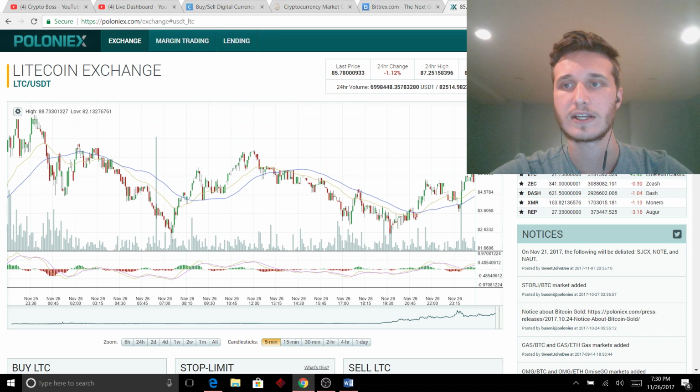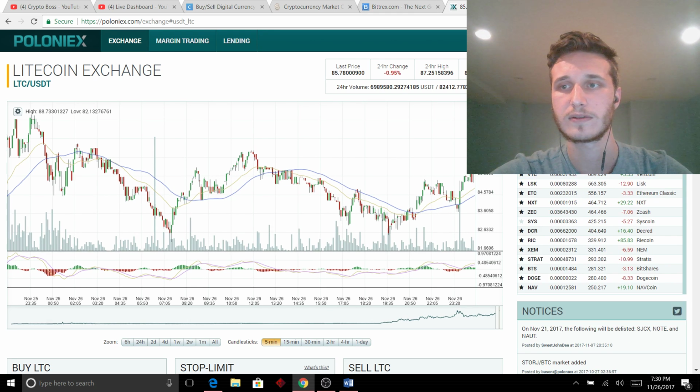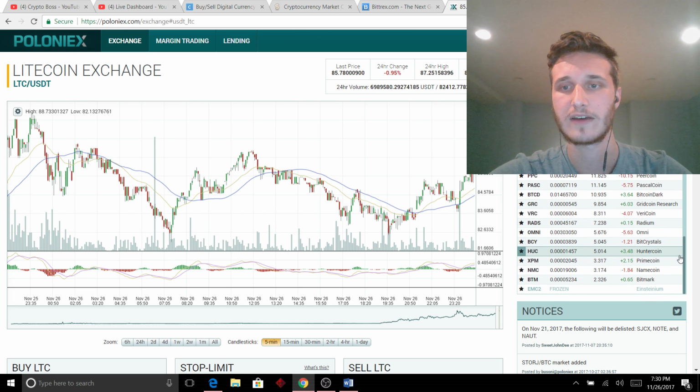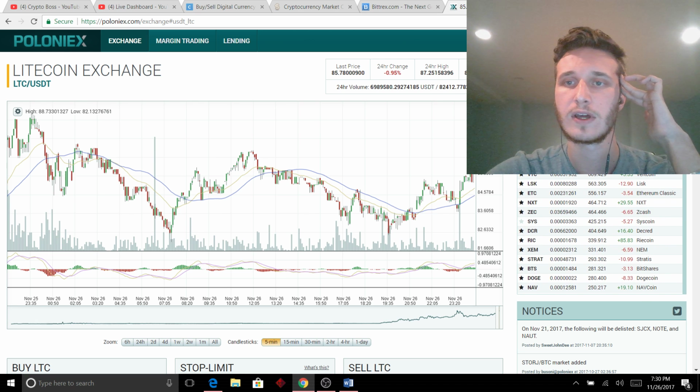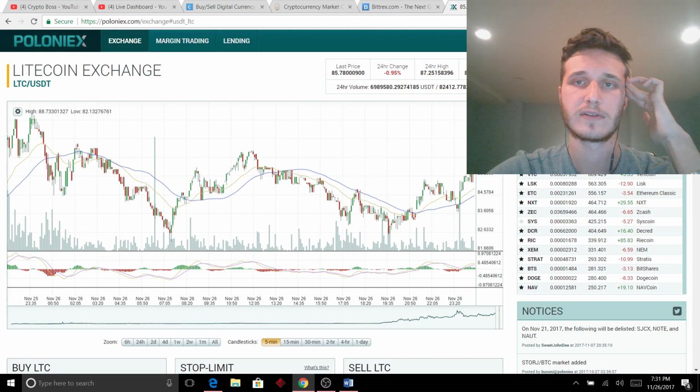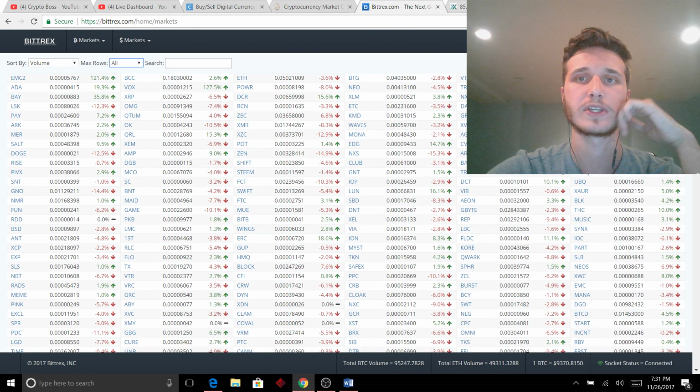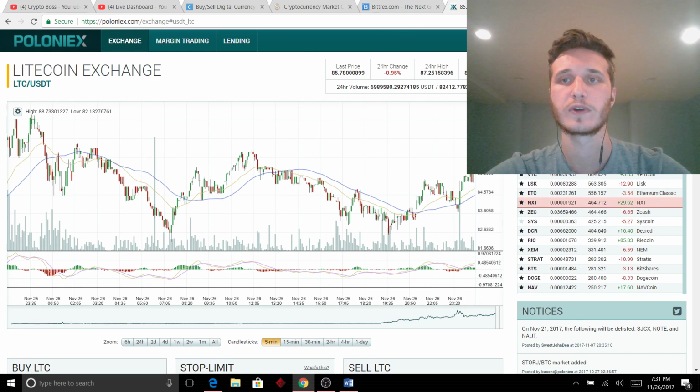And then Poloniex exchanges even less than Bittrex. They probably have like 70 coins. But they have some that Bittrex doesn't have, which is the only reason you'd want Poloniex in addition to Bittrex. Poloniex sometimes has more trade volume.